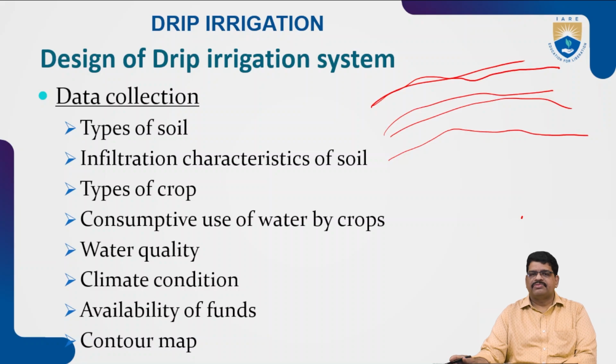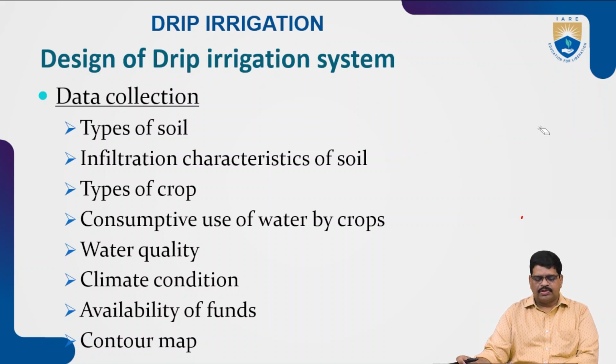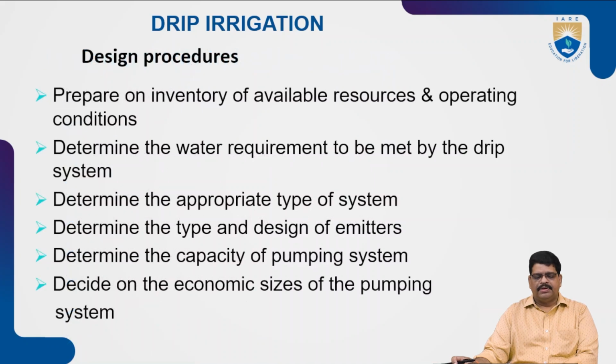Automatically the spare parts will also increase. So the pumping system motor capacity and the pipe diameter will also increase. These things also affect the availability of funds. Next, contouring the map. These are some of the design considerations of drip irrigation.